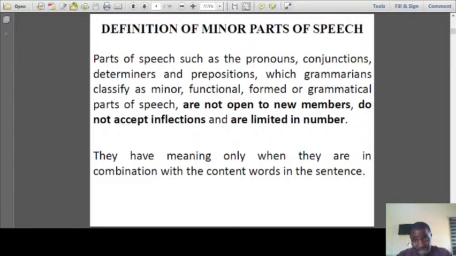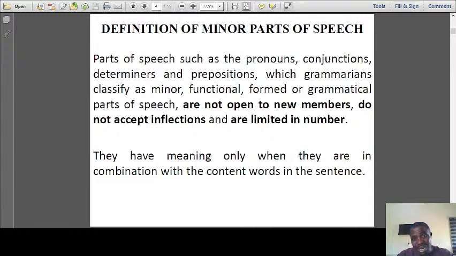Since the last 1,000 years, grammarians have identified them. They have not improved beyond that. But the major part of speech keeps expanding on a daily basis because they accept new members. Minor parts do not accept inflections. We said earlier, the major part of speech will always accept inflection. We use beautiful, beautifully, beauty as examples, while the minor part does not.